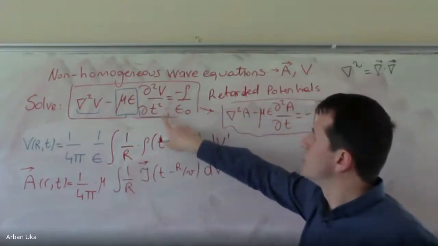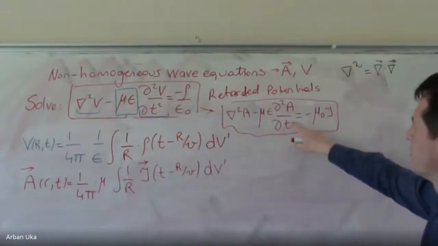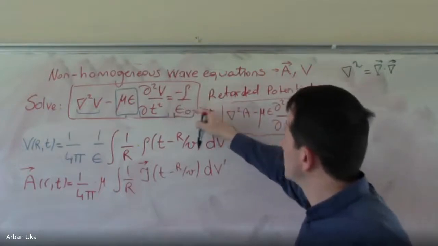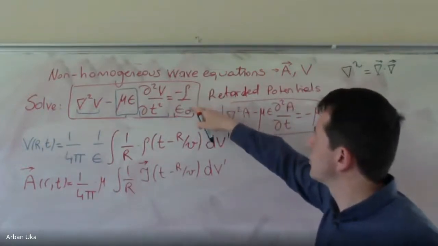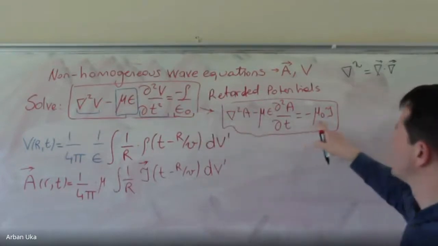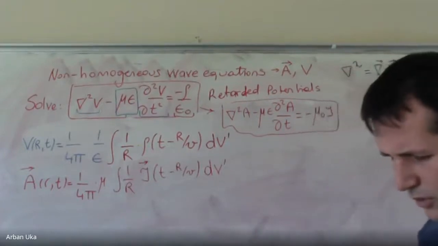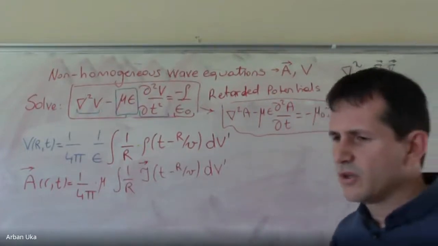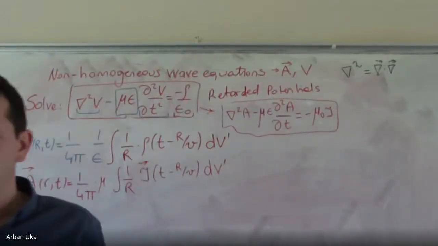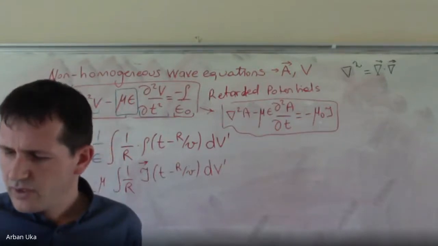If the differential equation for the scalar potential looks like this, for the magnetic vector potential it's going to look like this. The non-homogeneous source term here is minus rho over permittivity. Here, 1 over the permittivity is substituted with permeability, and rho is J, and that will be all. Okay, so we needed to take notice of these retarded potentials because we will need them when we analyze the change in time of the sources.